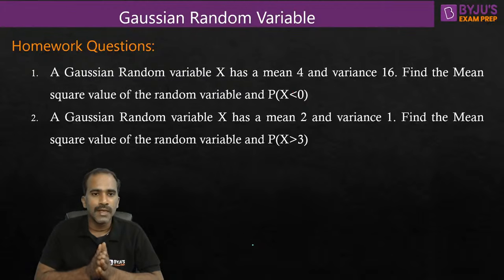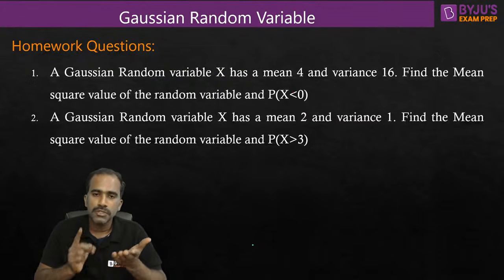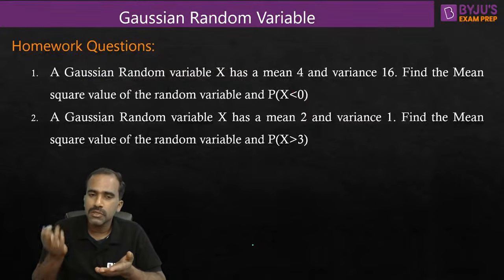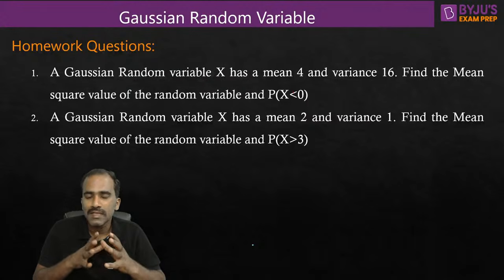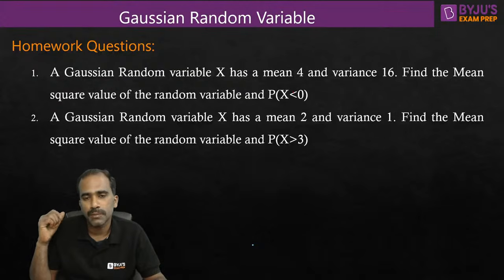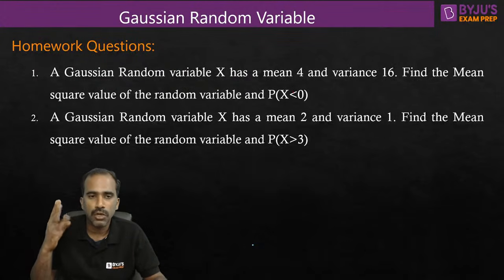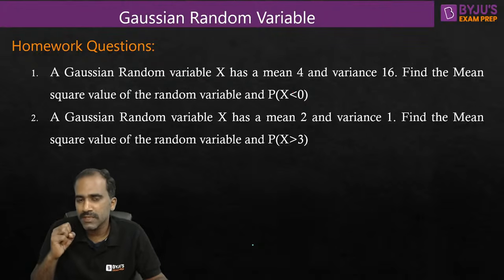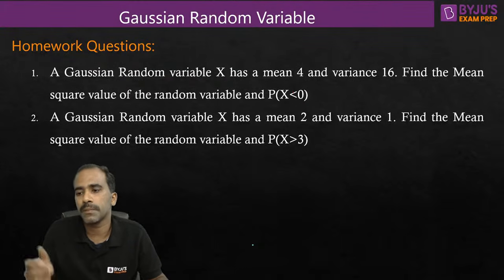And in the day after tomorrow's session, I'll discuss multiple different types of problems based on all the topics that I have discussed this week: PDF, CDF, moments, Gaussian random variable, exponential, uniform. That will be on Sunday, 8 a.m.